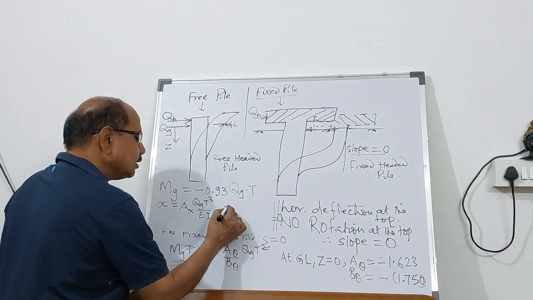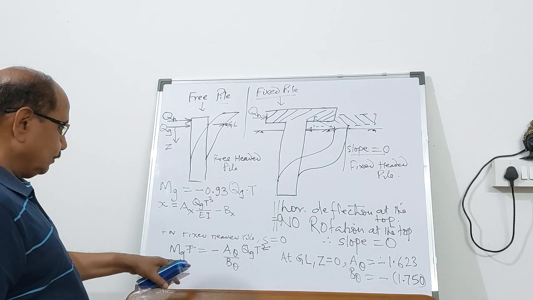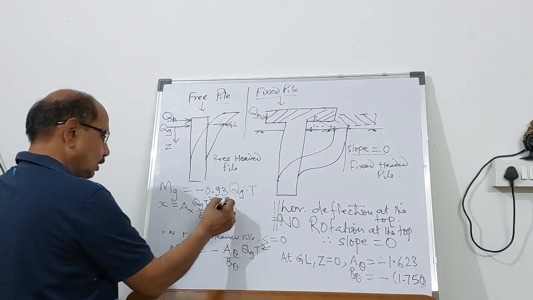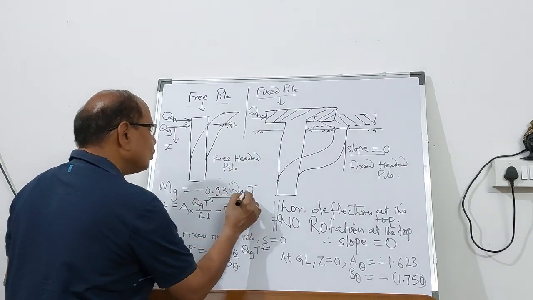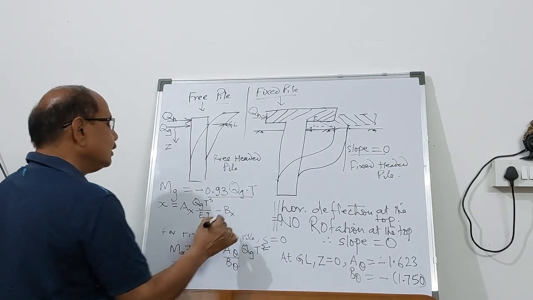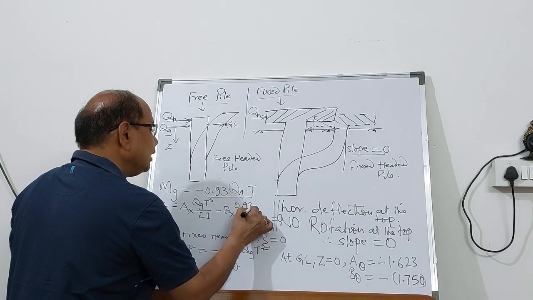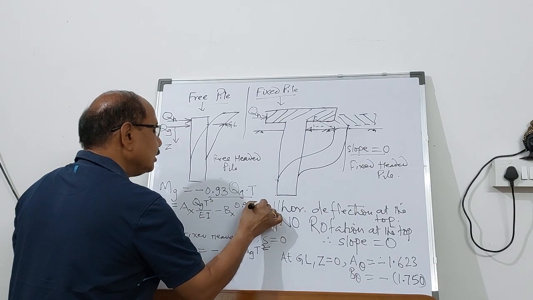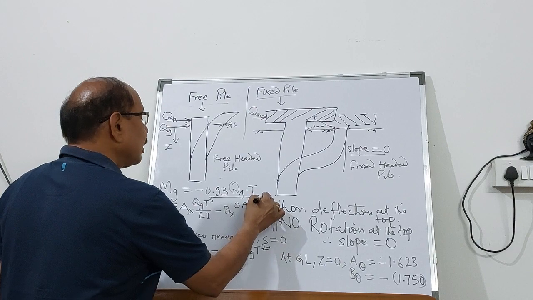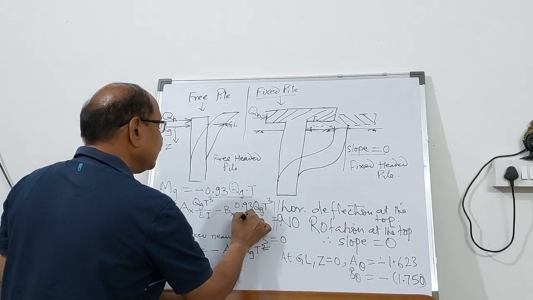So minus Bx, and Mg is given by this quantity, so you can substitute it as 0.93 Qg into T. So Mg into T square, T square into T becomes T cubed divided by EI.